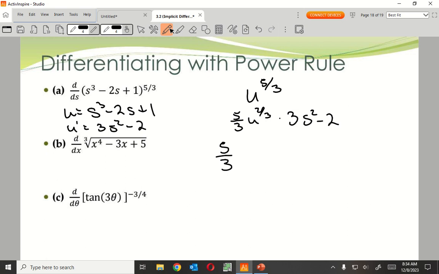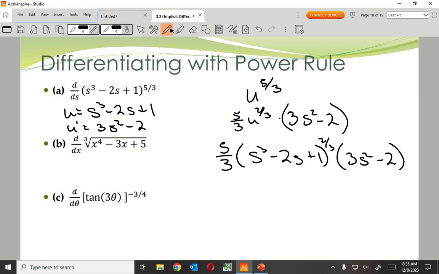Now, if I'm multiplying by all this over here, I could clean it up in the end, if I want to. S cubed minus 2S plus 1, and that's going to be to the 2/3 times 3S squared minus 2.